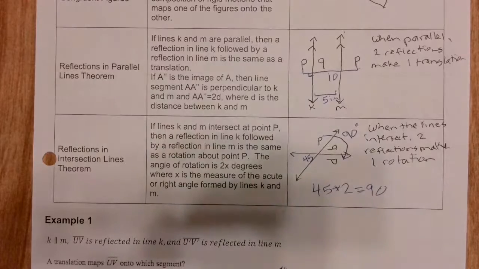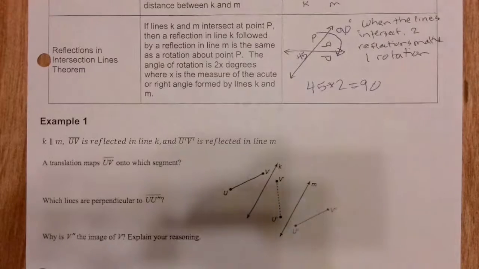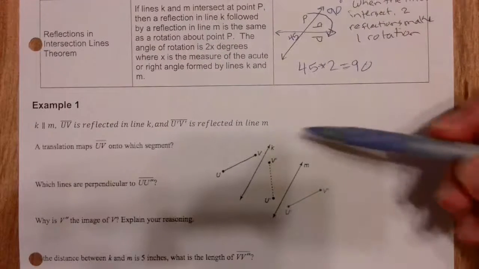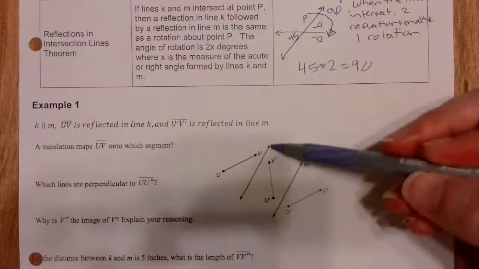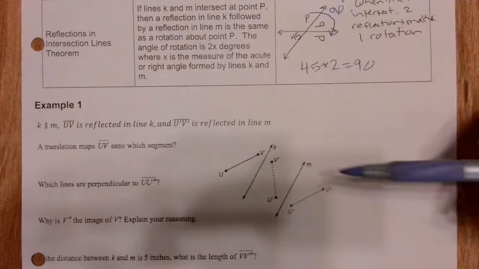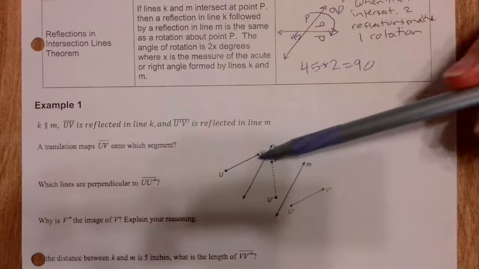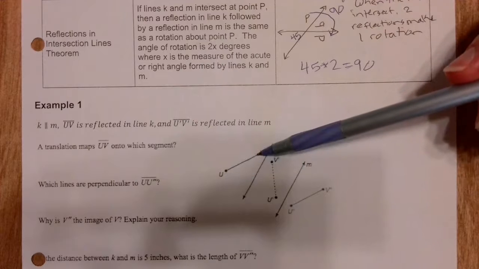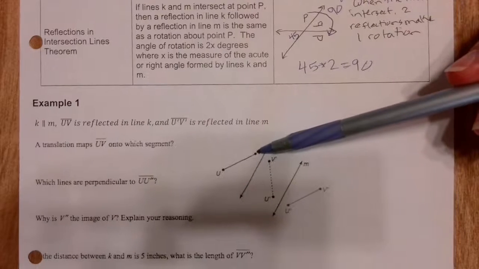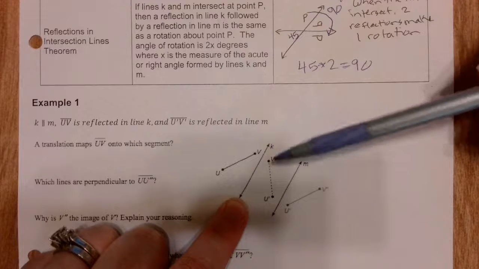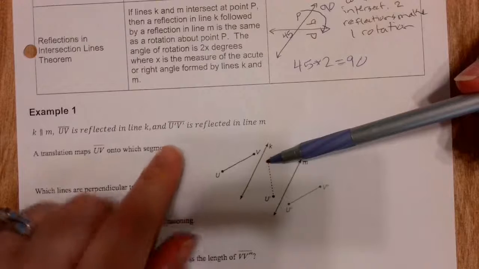So let's look at example 1. If K is parallel to M, so these lines are parallel, UV is reflected in line K. So we took UV, we reflected it across line K, and got U prime V prime.